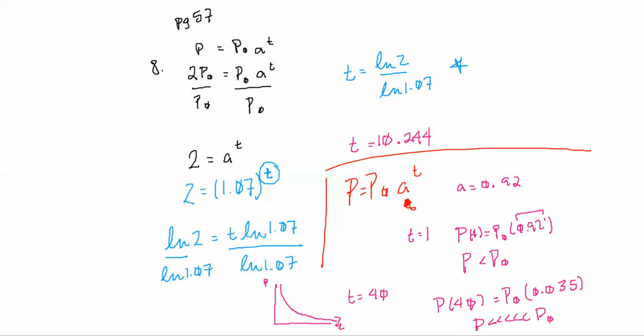So how I tend to think about a is, default a is equal to 1. So if a equals 1, then nothing's happening. If a is less than 1, then it's decay. And it's decay at a rate of, here the decay rate is 8%, right?